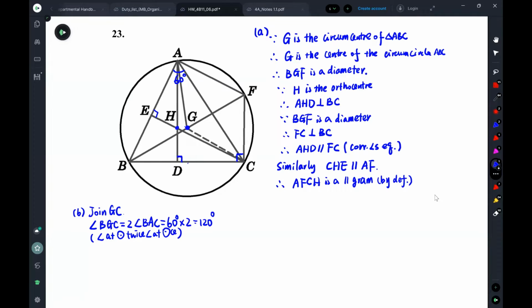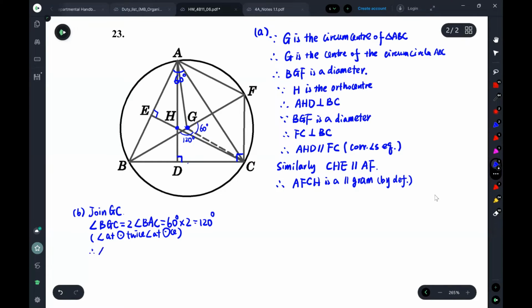Another thing is, since this is 120 degrees, these angles must be 60 degrees, right? This angle is 60 degrees.